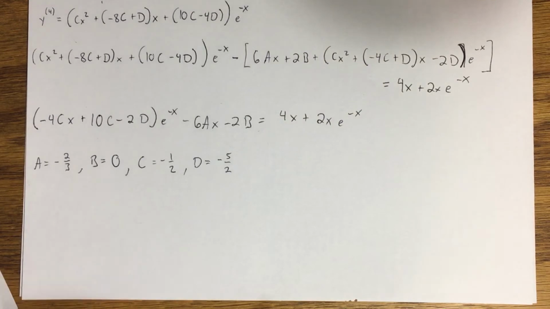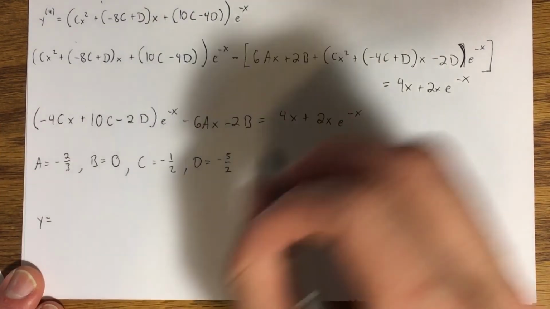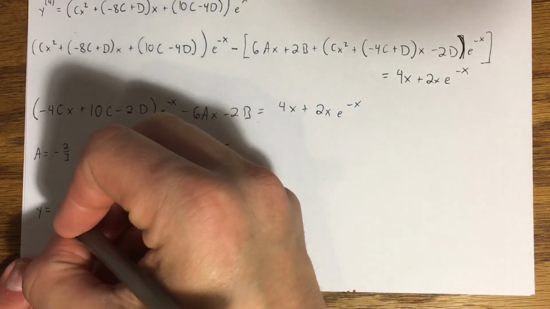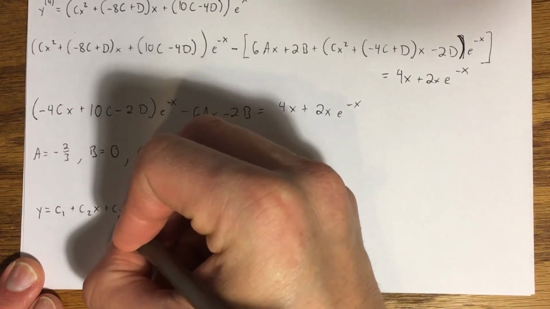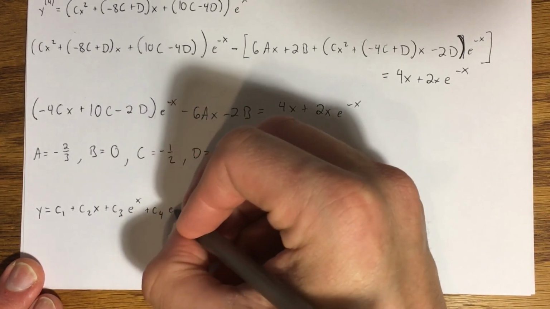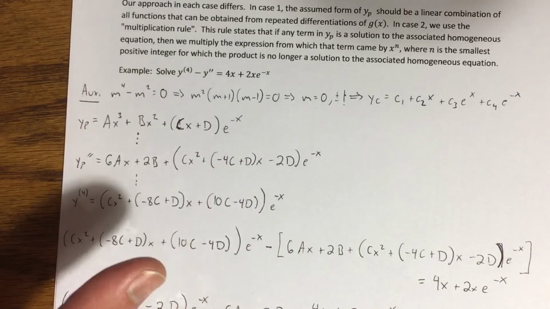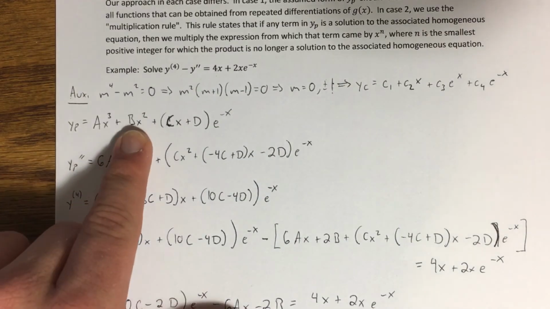So now we're in a place to finally wrap this up. My solution is going to be my complementary solution, which we have up here. I'm going to copy it down here: C1 plus C2x plus C3e to the x plus C4e to the negative x. And then, remember, here's what my particular solution looks like with all those coefficients. B, we discovered, was 0. That means that this x squared term is going to drop out on us.